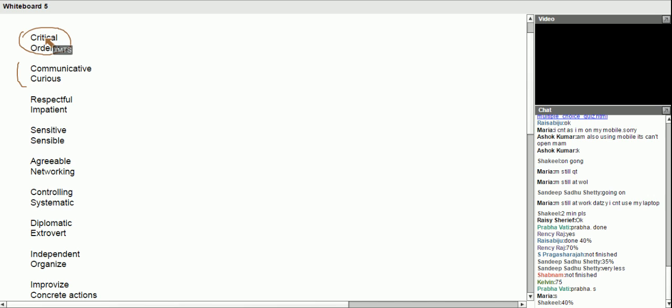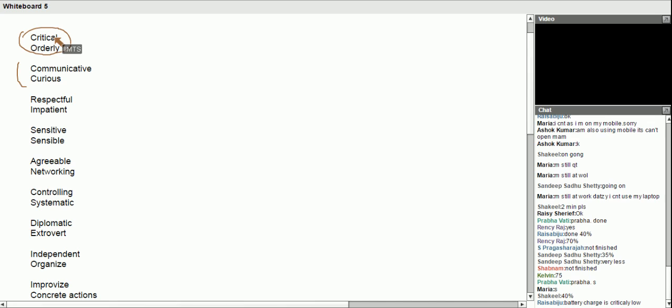There's no point in being critical, because if you criticize others, you start justifying your own deeds, and you don't get time for self-introspection. So I choose orderly, not critical. I have chosen one word which suits my personality, and I have given reasons for it and for denying the other. I choose to be orderly because it saves time and I don't want to be critical.